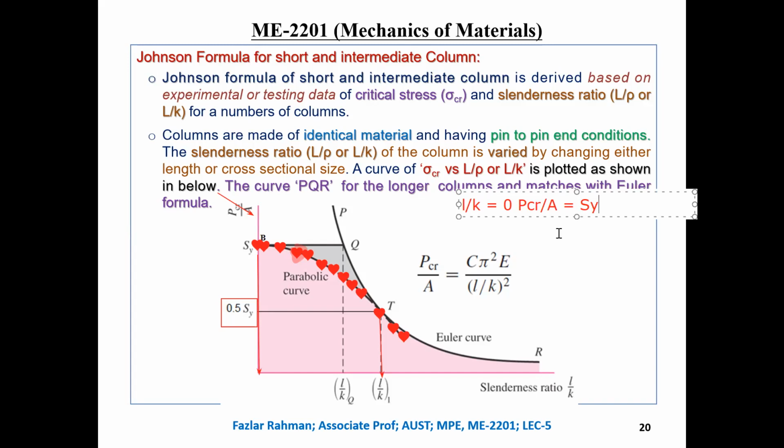The other thing is L by K at point T. L by K equals how much? They are calling it L by K1. So when L by K equals L by K1, then your stress, that means P critical by A, is 0.5 SY.